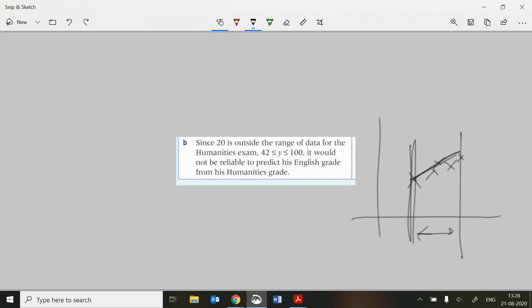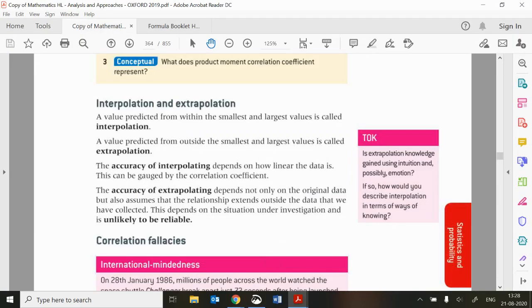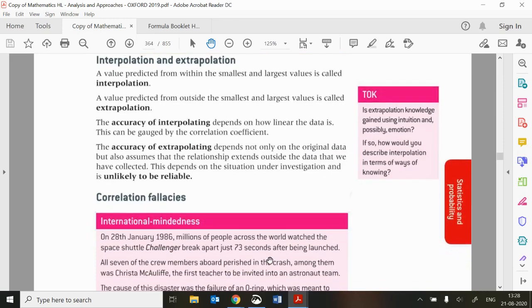That's called interpolation. But if we try to make predictions outside of that range, that's called extrapolation. That's possible to do, but does this relationship still hold true? The further we get away from our lower point and our upper point, the more issues we're going to have in saying that it's valid.